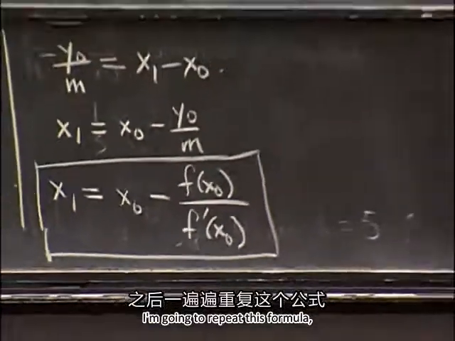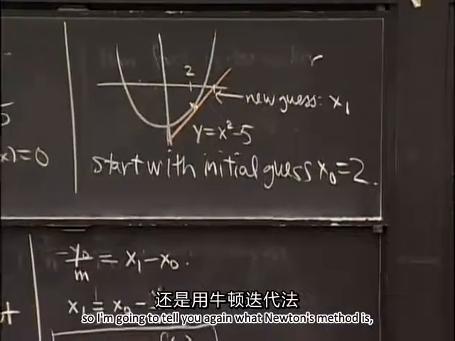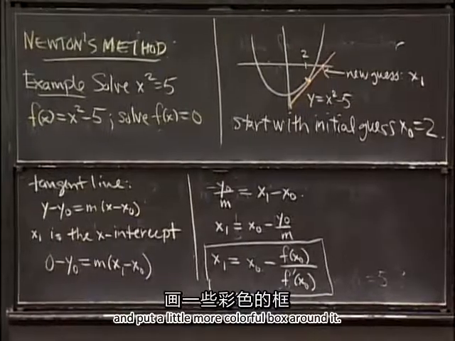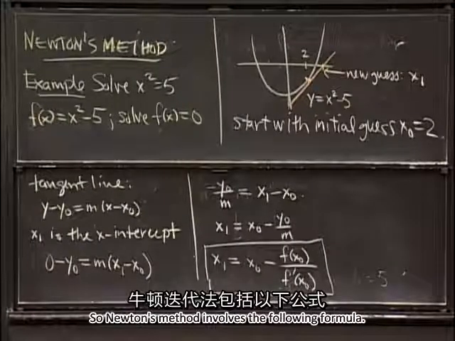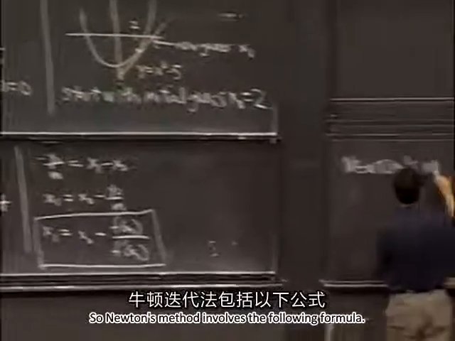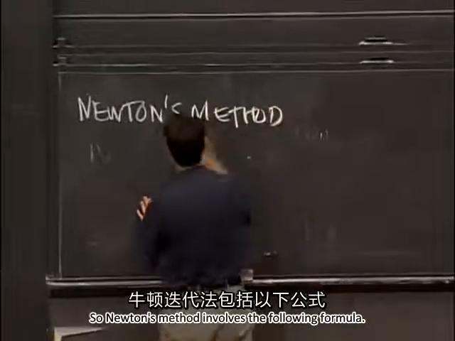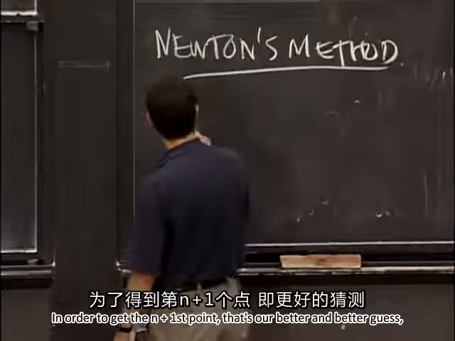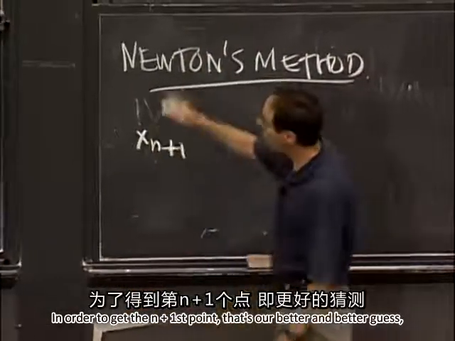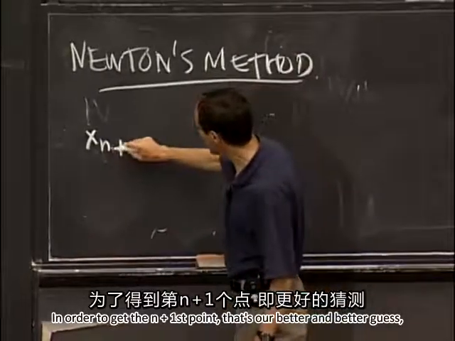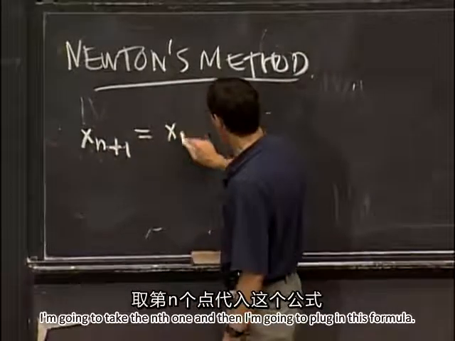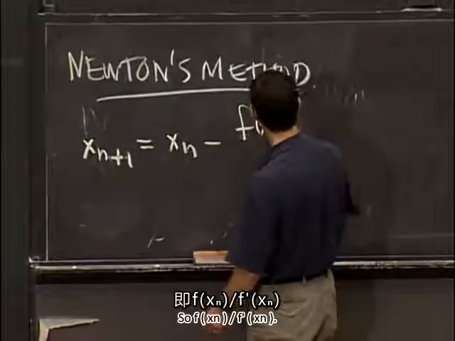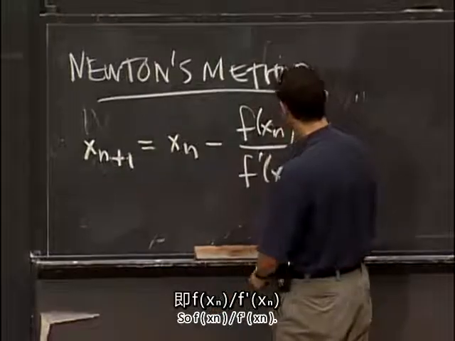Okay, I'm going to repeat this formula. I'm going to tell you again what Newton's method is and put a little more colorful box around it. So Newton's method involves the following formula. In order to get the n plus first point, that's a better and better guess, I'm going to take the nth one, and then I'm going to plug in this formula: f of xn divided by f prime of xn.